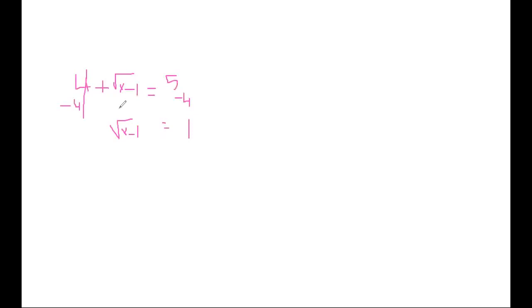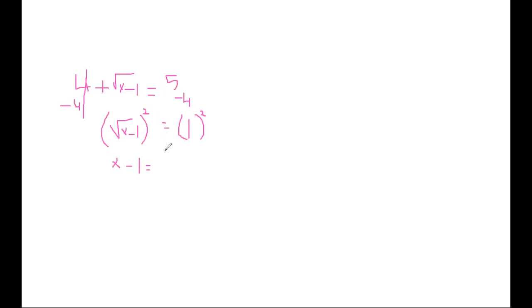Since it is a square root, I'm going to raise both sides to the power of 2. So it will be x minus 1, because the power of 2 will cancel the square root.